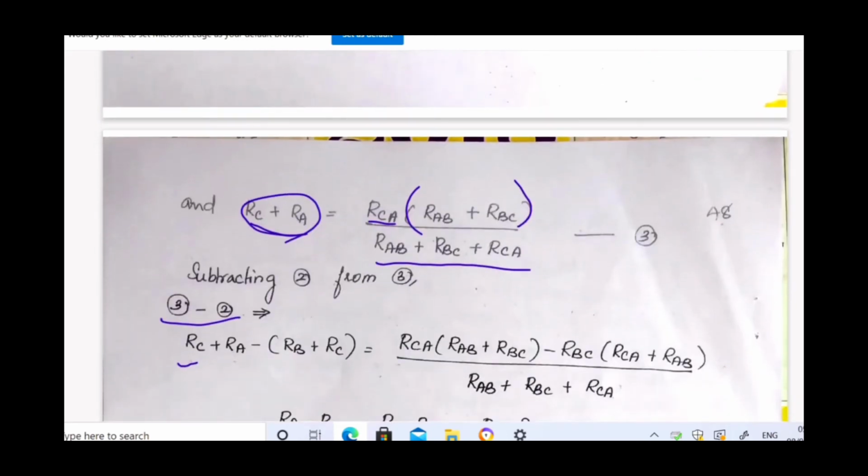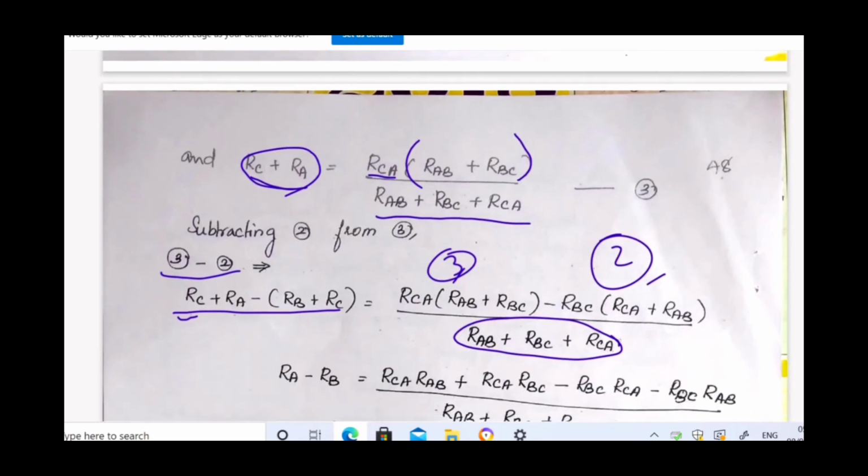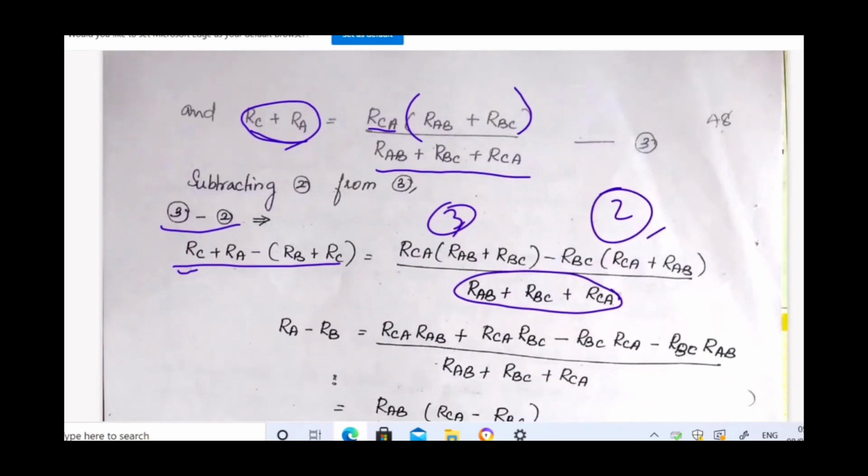So RC plus RA minus RB plus RC is equal to, you have to write all the things with the same denominator. So make a single denominator and write down equation 3 minus equation 2.